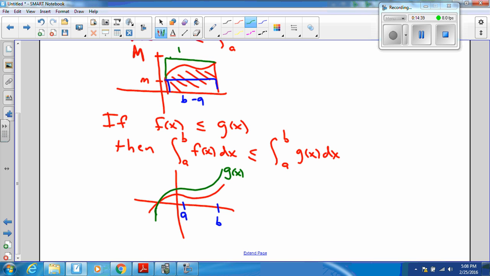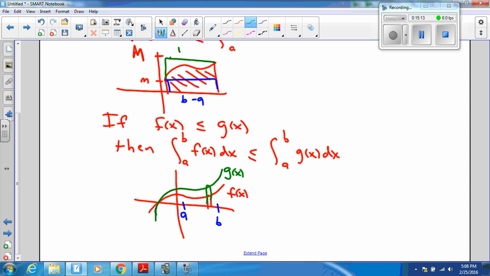Since g is on top, then every single rectangle that I draw for f is going to correspond to a larger rectangle for g. And when I add up all those larger rectangles for g, I must get a larger area than I get for f. Those are the integral properties, and we're going to be using those to help simplify and, in some cases, find or estimate values for integrals.